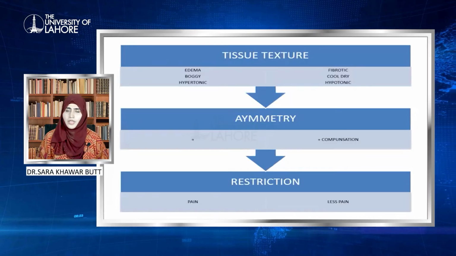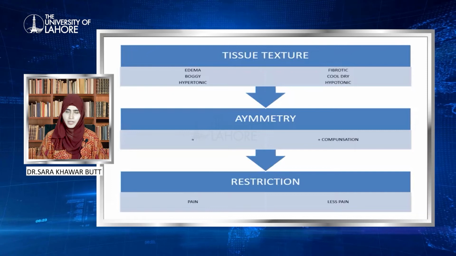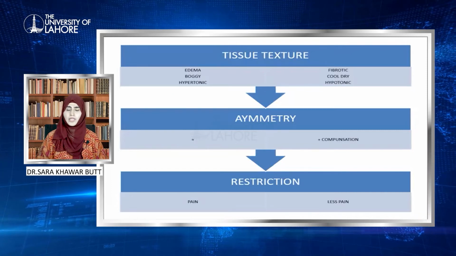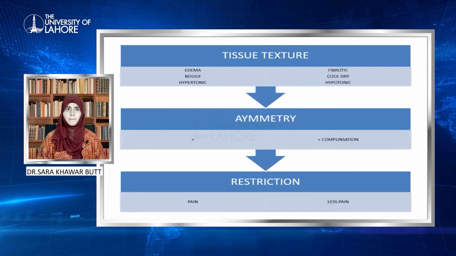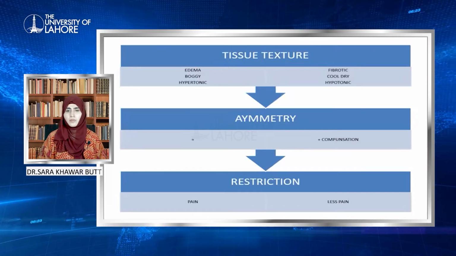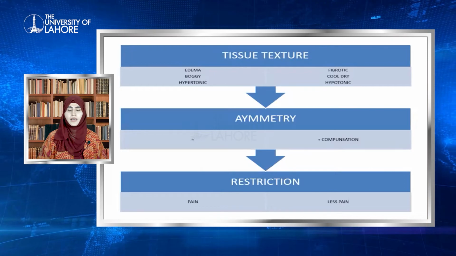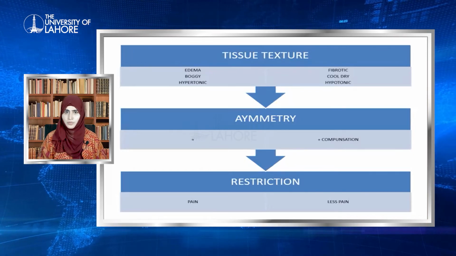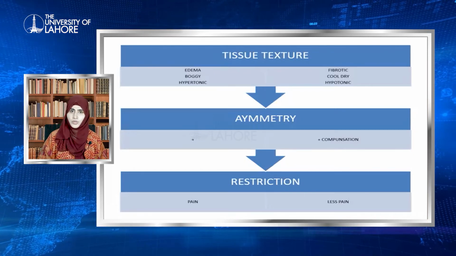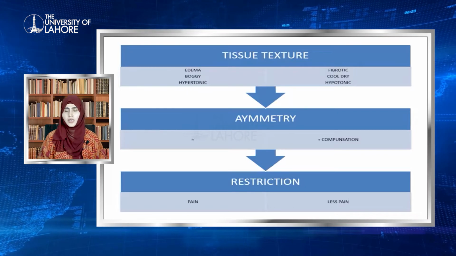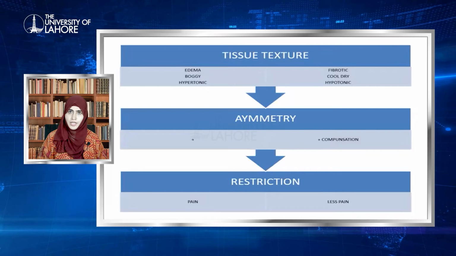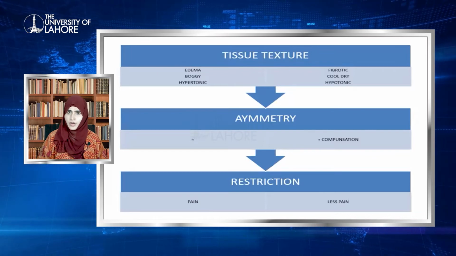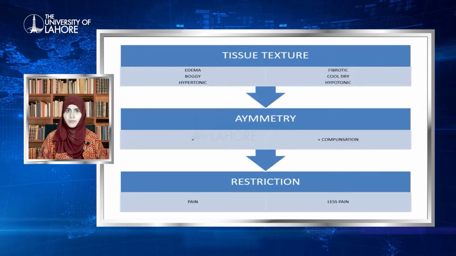When we talk about the acute and chronic conditions of somatic dysfunction, we can say that in the acute condition, there is edema, boggy swelling, and hypertonic tissue. When the tissue presents in a chronic condition, it is fibrotic in nature, cool, dry and hypotonic.